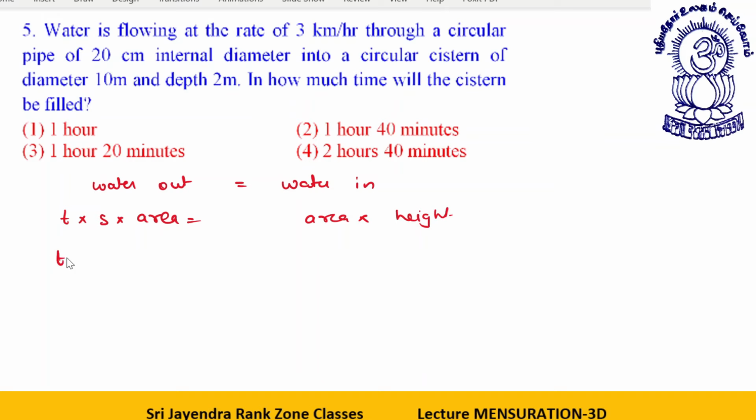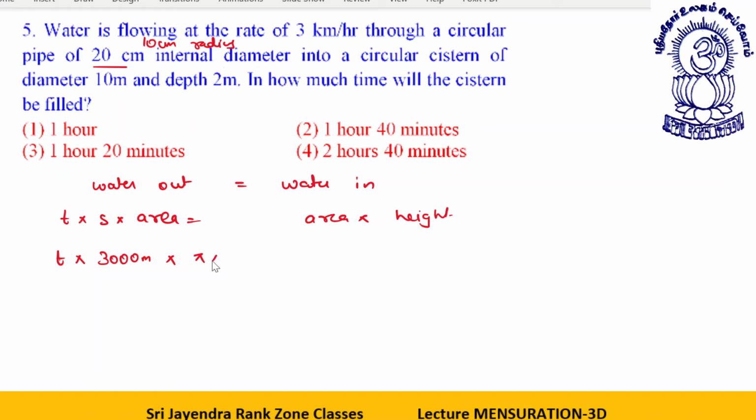Okay. Time you have to find. The speed is 3 km per hour, let's say 3000 meter per hour, through a circular pipe of 20 centimeter internal diameter, or I can say 10 centimeter radius.